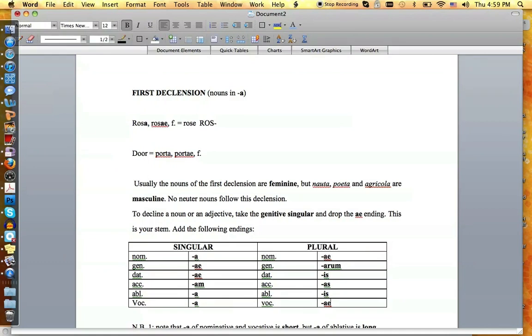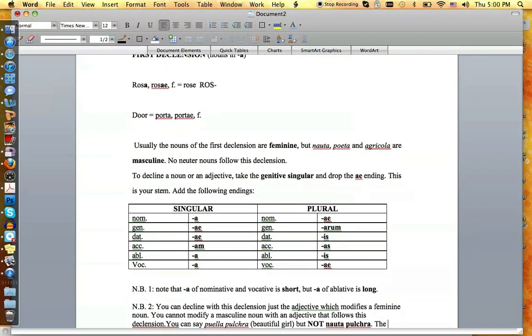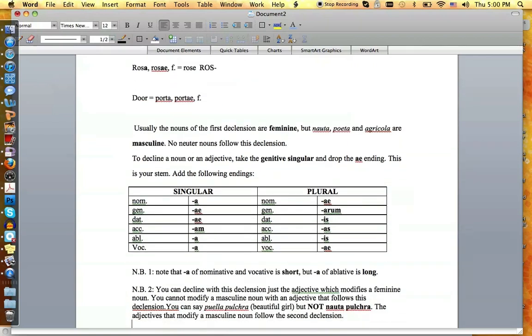The first declension is pretty easy because most of the nouns of the first declension are feminine, so it's easy to remember the gender. A few nouns are masculine, but are easy to remember because they are those indicating the professions, like nauta, which means sailor, or agricola, that means farmer, or poeta, that means poet.